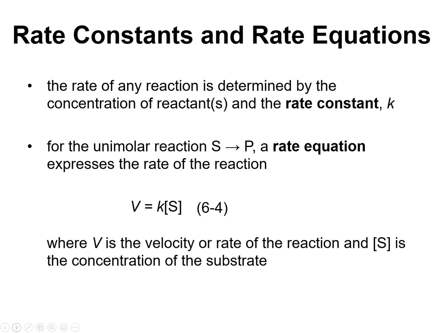For the unimolecular reaction, which means that it's just dependent on the one substrate, and that converts to product, the rate equation is, you have the velocity V is equal to the rate constant K times the concentration of the substrate. So that is just a simple rate equation.